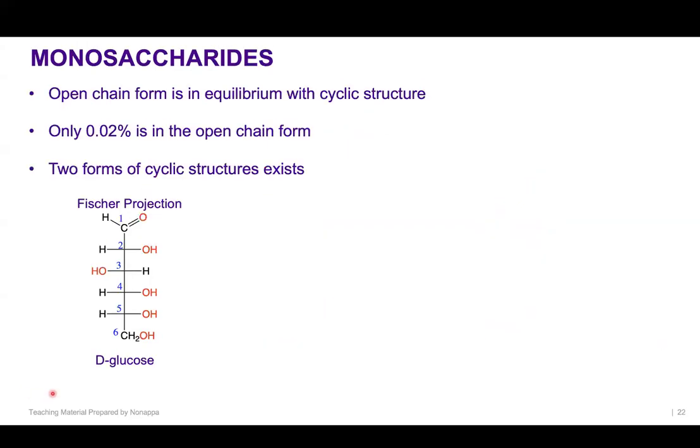So we can look at what those 2 isomers are, and which one of them is mostly present. As I said, this open chain form is present only about 0.02%, but there are 2 cyclic forms. The reason we already discussed: because of the sp2 hybridization of this carbon center, the nucleophilic attack can happen from both sides.